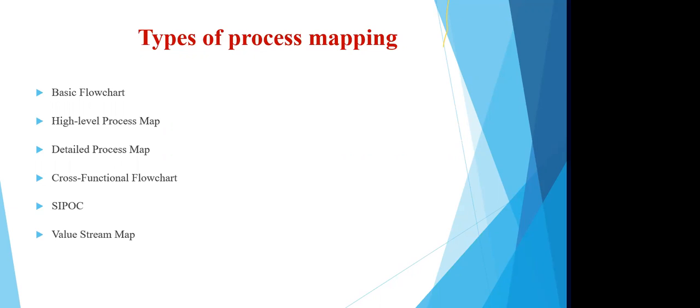So that's the different types of process mapping. Now we look into a few process mapping symbols that could be utilized for preparing the process maps. The key elements of process mapping include the actions, what are the actions that we are actually taking in the process. The activity steps, where we come up with a step-by-step procedure. Then, what are the decision points in the process?